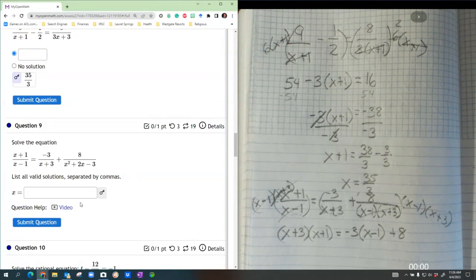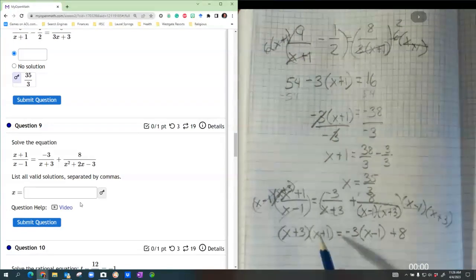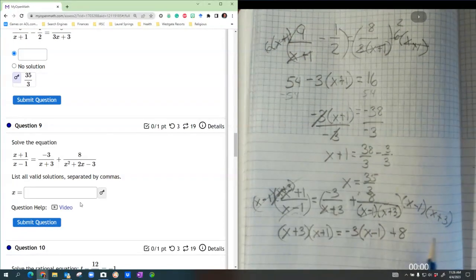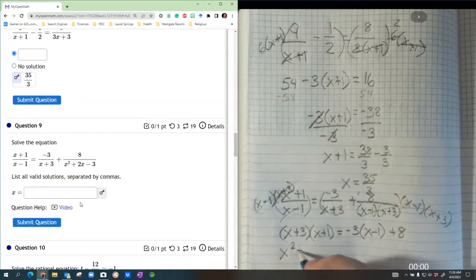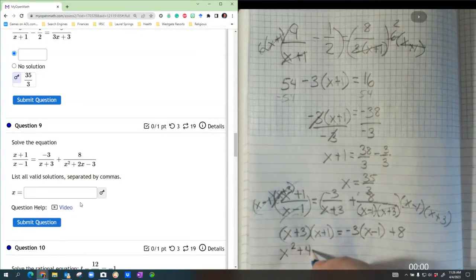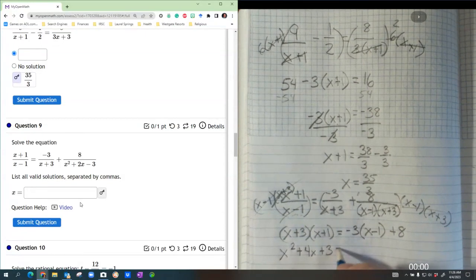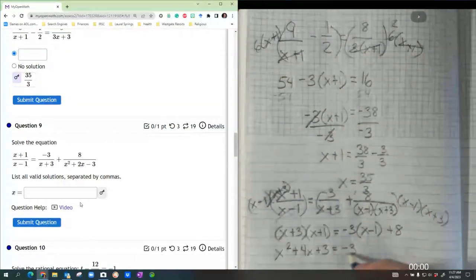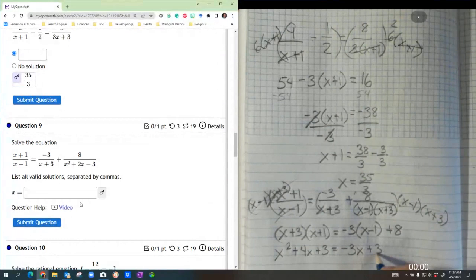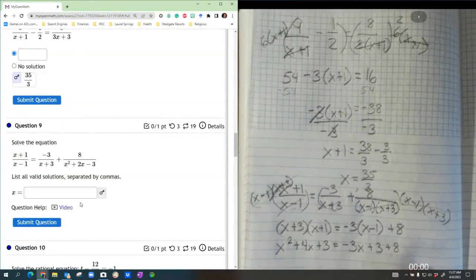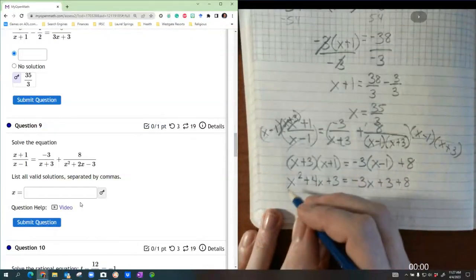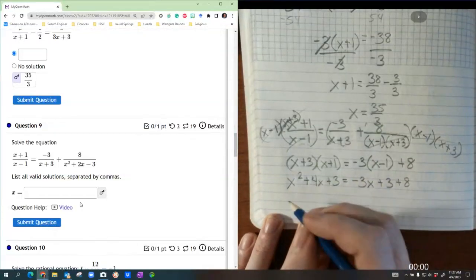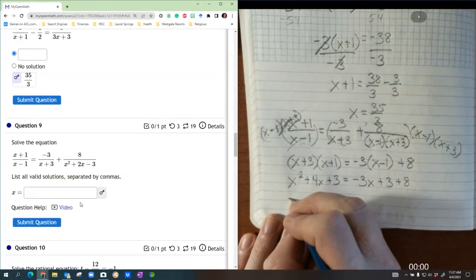I'll let you look at that for a little bit. Now that I have no fractions anymore, I know that this right here equals this. Then I'm going to bring everything over to the left side.